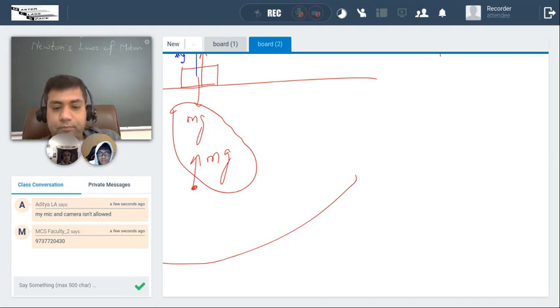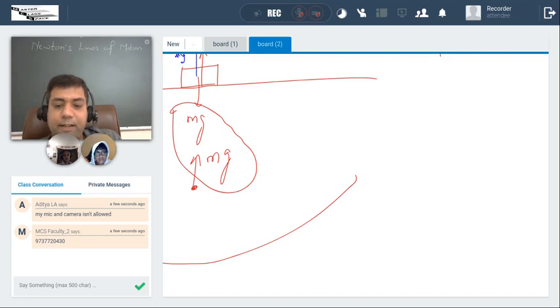Wait, can you repeat that? I am saying mg is acted by Earth on the body. You're saying mg is acted on Earth by the body? Okay.